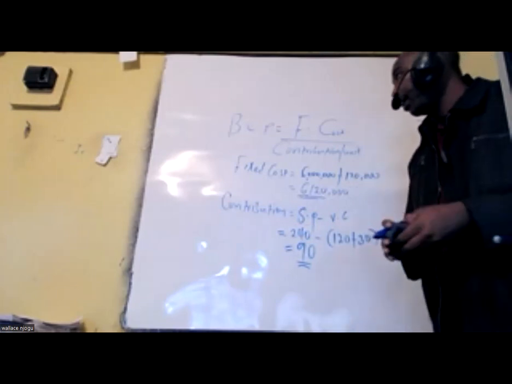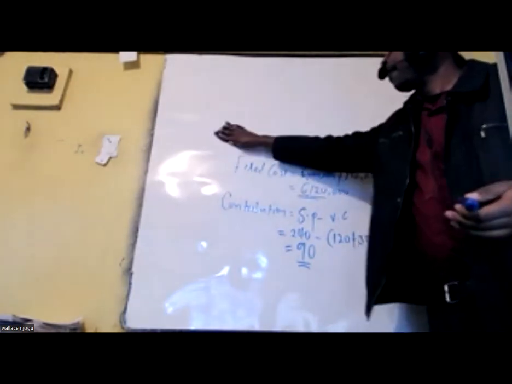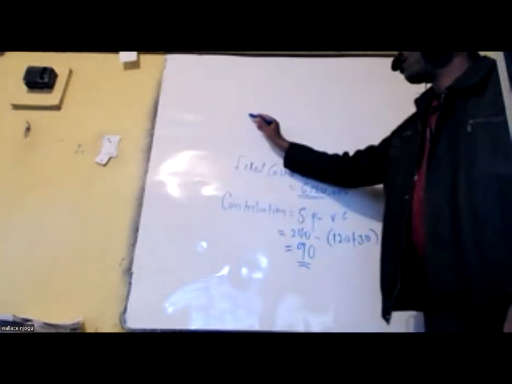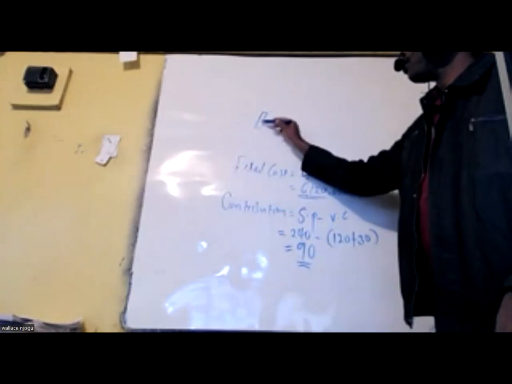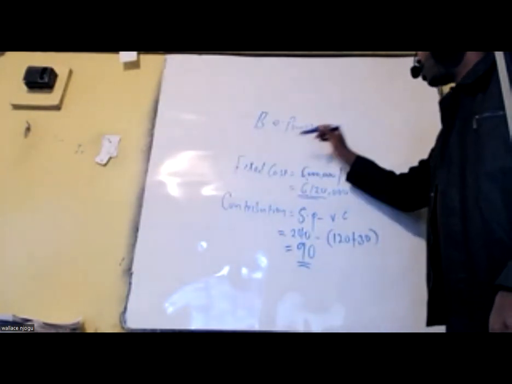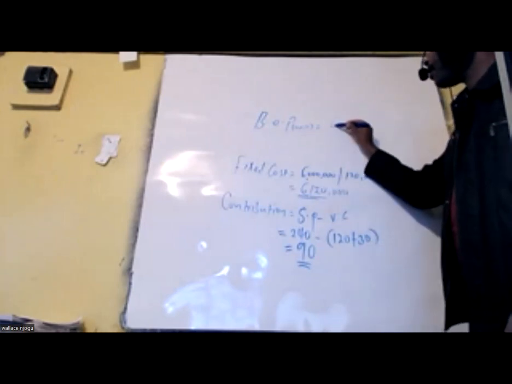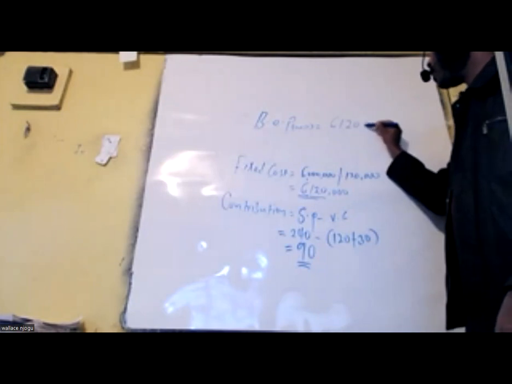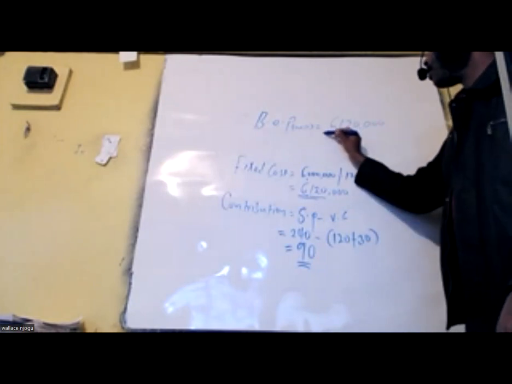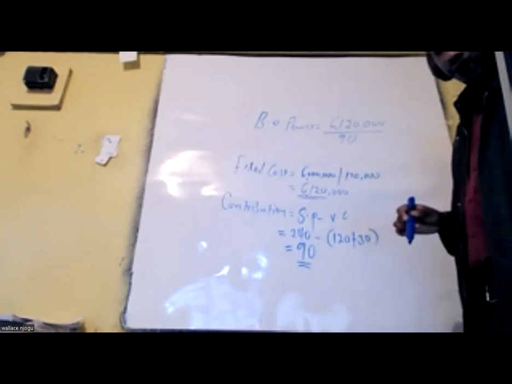So let's compute the break-even point in units. So therefore, break-even point in units is equals to, we take the fixed cost 6,120,000 over 90.